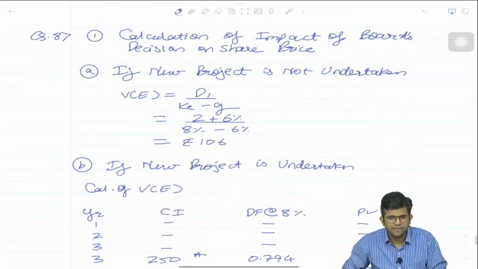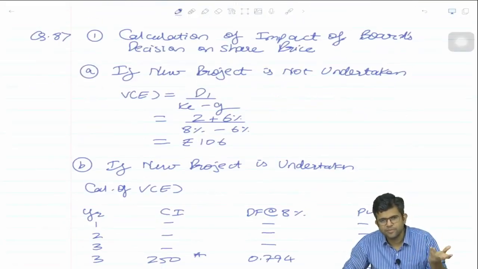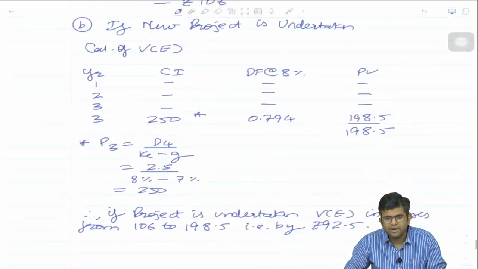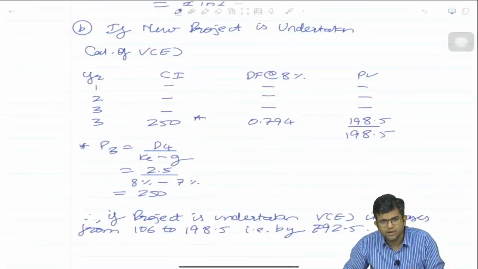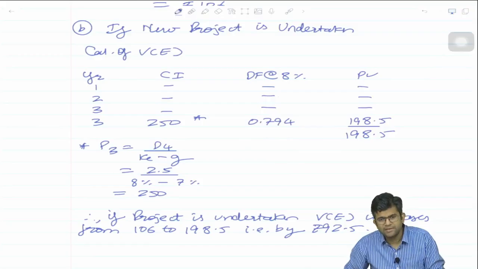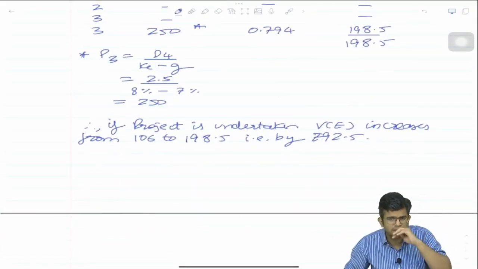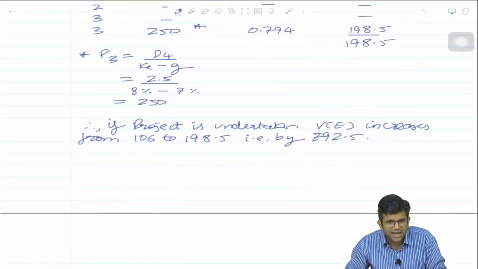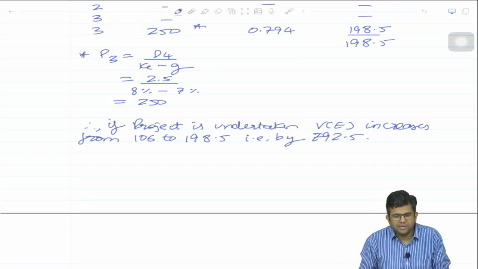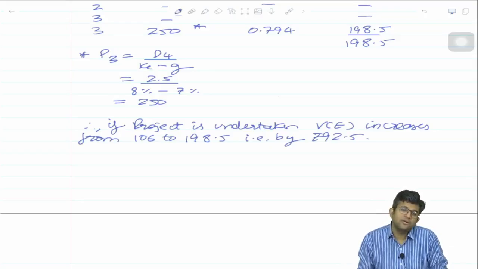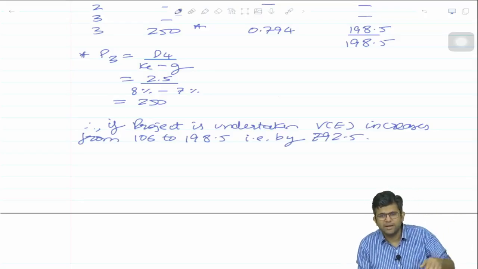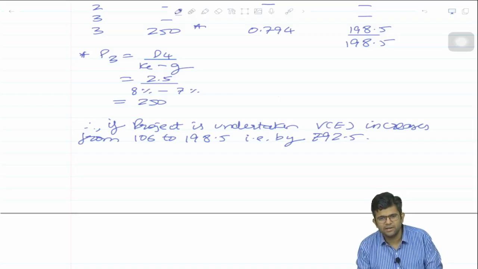In the first case we were assuming that cash flows will be received every year, but here we are assuming that for the first 3 years we will not get cash flow. Then how is the price increasing, sir? It should decrease, no? Because the cash flows are less. No, it is because of the growth rate. Only 3 years it is not there, but then from the 4th year to eternity, it will grow at the rate of 7% as compared to 6% in the first case. That is making the whole difference.